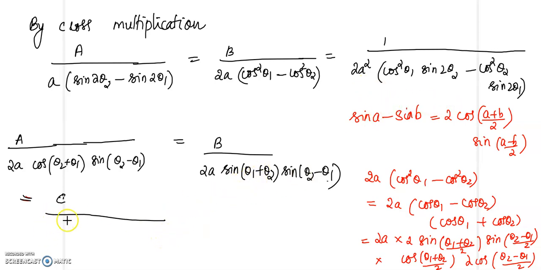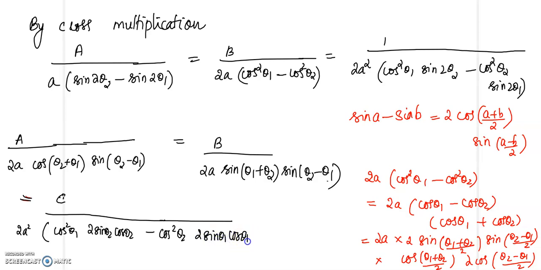So that will be 2a square. So this will be cos square theta 1 into 2 sin theta 2 cos theta 2 minus cos square theta 2 into 2 sin theta 1 cos theta 1. Sorry, here I have 1 not c.